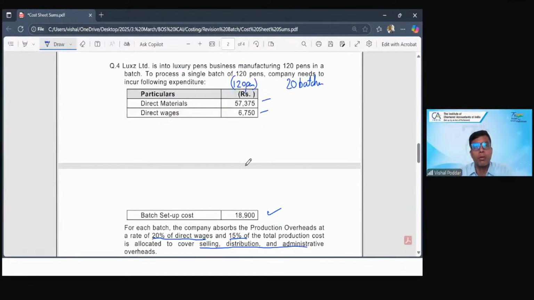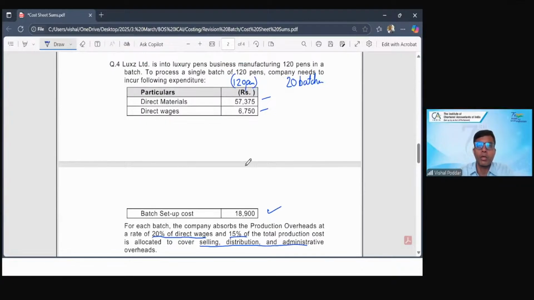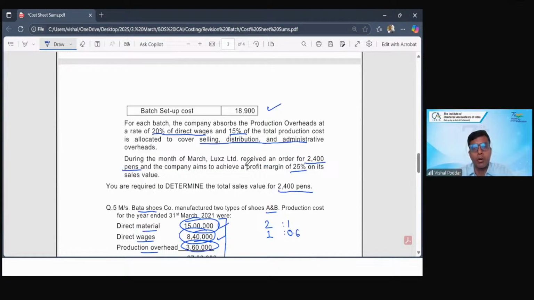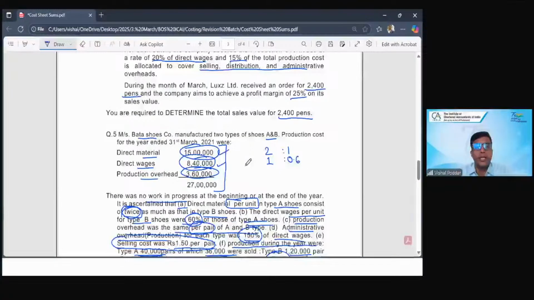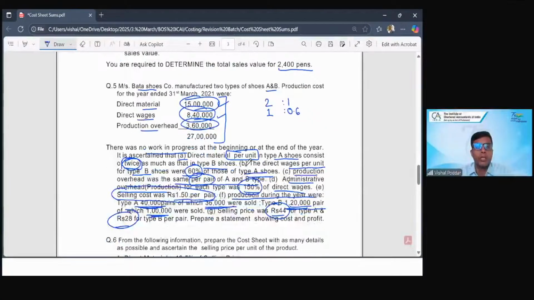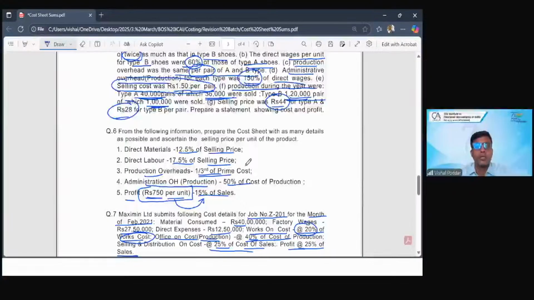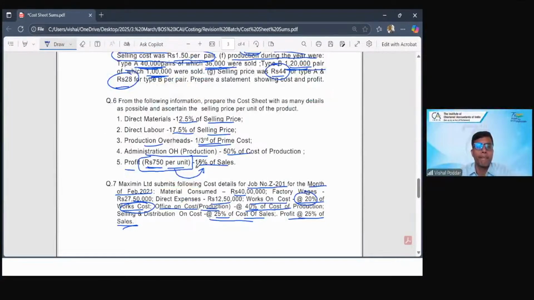Then we went to a batch costing sum, where we identified what could be the cost of this order. And then we moved on to some mathematical driven questions. This one was pure maths. Both these were having simple back calculation mathematics with some missing figure.